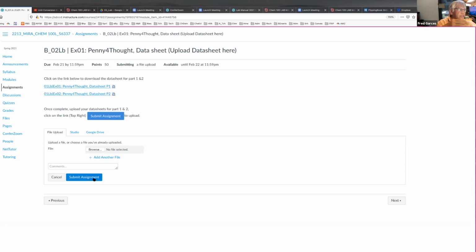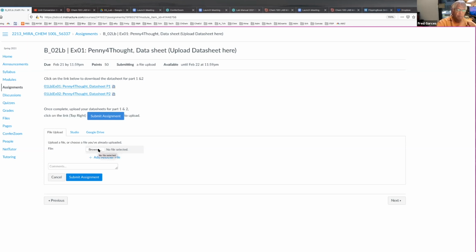In these experiments, you actually are writing it on the paper. You're not filling it in like the activity. And then you upload your experiment. Also, you need to upload your photos. Just browse for that file on your computer.